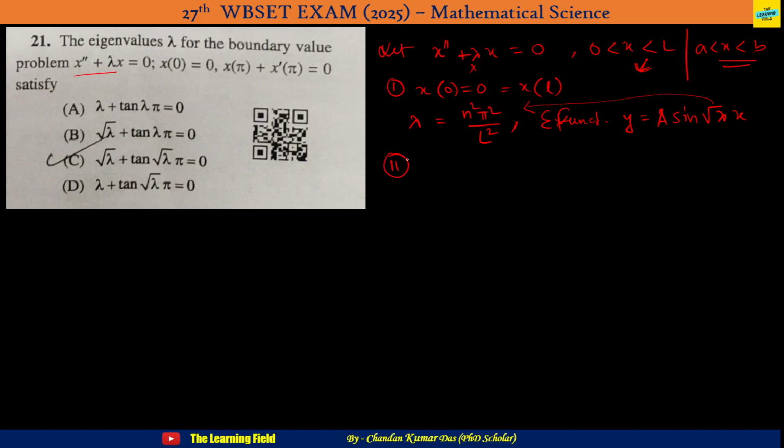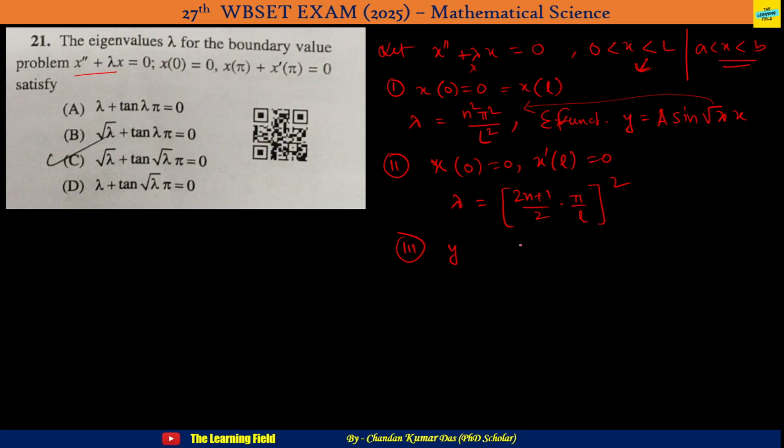Fine. Number 2 is, if the boundary condition is given like x of 0 equal to 0 and x dash of L equal to 0, then the lambda will be like this: lambda equal to (2n plus 1) by 2 into pi by L, whole square. Fine. And number 3 case is, so remember these three things, then you can definitely do these types of questions in fractions of seconds.